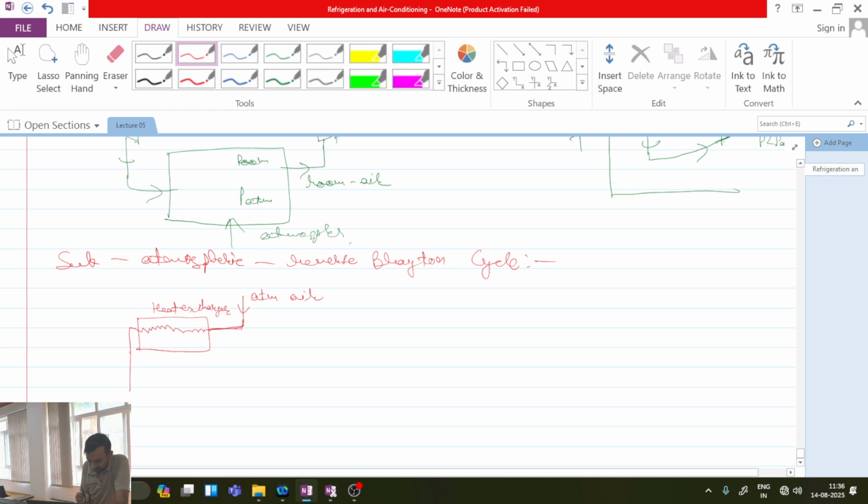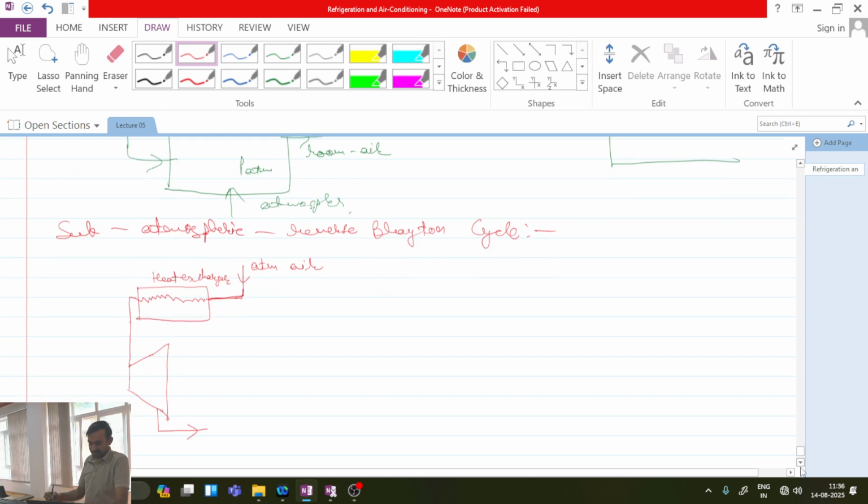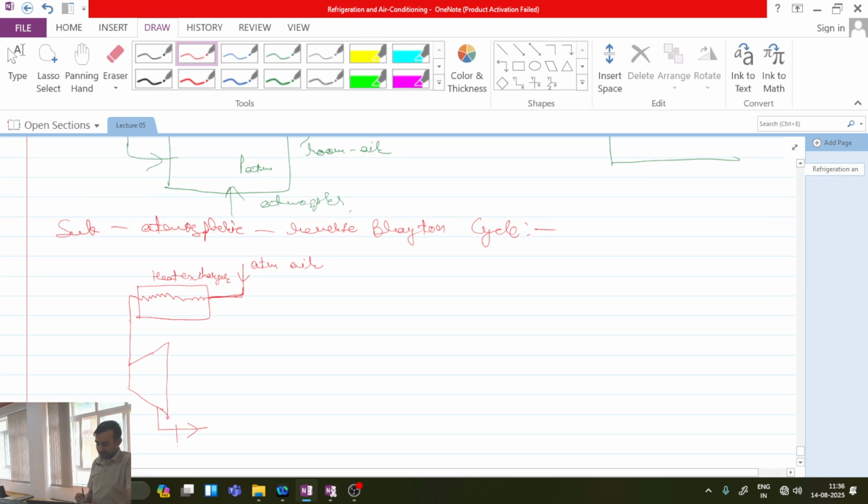After that, it will be passed through a turbine. So when it is passed through the turbine, what will be happening? Its pressure will decrease. If it is entering at atmospheric pressure, here the pressure will be lesser than atmospheric pressure.